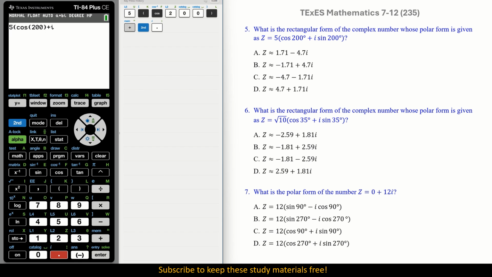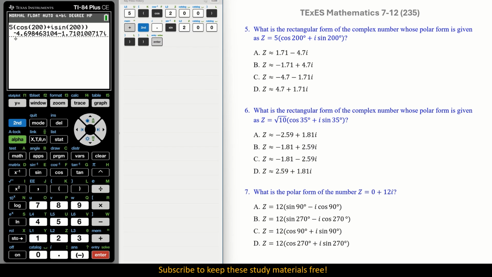Well, I put it after, but it doesn't matter if you put it before or after the sine because your calculator is going to do this for you. Okay, I'm going to push my parentheses again, double check my entry. Notice that the calculator forces us to put parentheses around our angles, okay? Now push enter, and there we go.